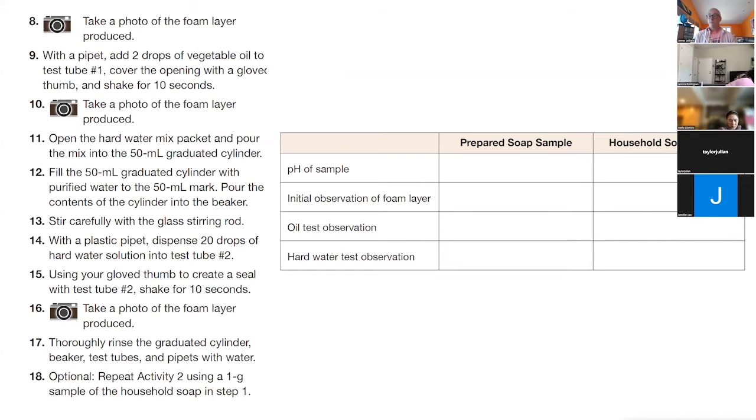Okay, so if there are no questions, a lot of different things to grab and put together. You're going to want gloves as well as your goggles, since we're going to be dealing with concentrated sodium hydroxide today. Not super concentrated, but concentrated enough. And we're going to be putting our thumb over it and shaking it and all that sort of stuff.